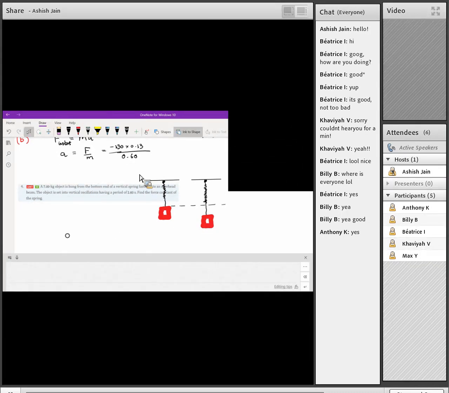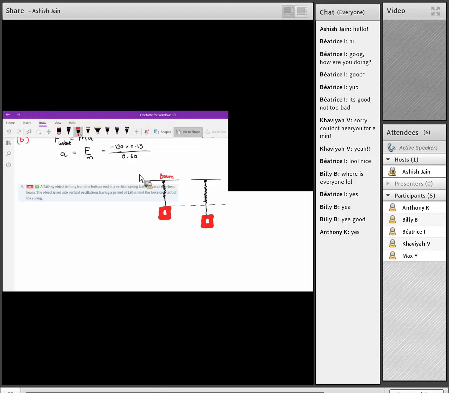The second question is, a 7 kilograms object is hung from the bottom end of the vertical spring fastened to an overhead beam. So as you can see in the diagram, there is a beam from which a spring is hung, and the object is set into vertical motion.